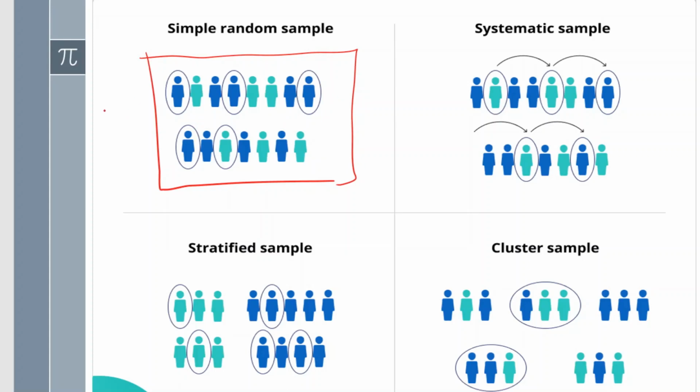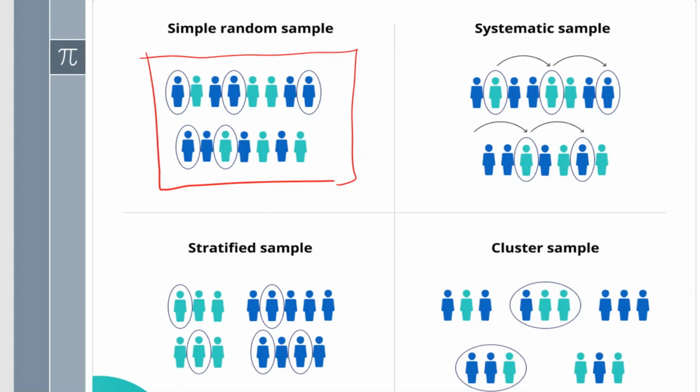It is just like winning in a lottery. Everybody has a chance to win, but of course you need to draw the numbers. Who among those people will be part of your study?